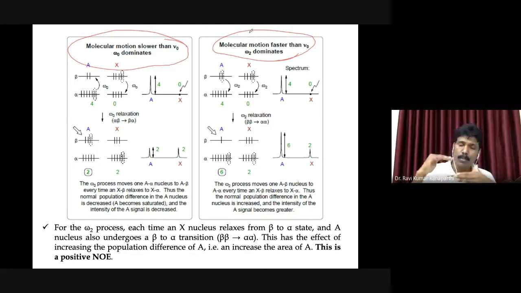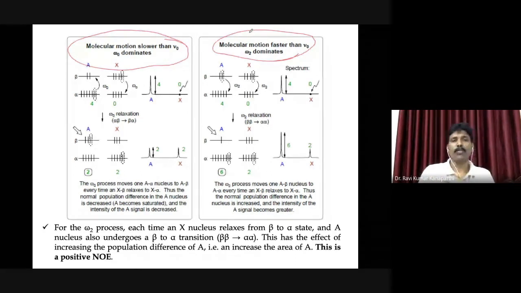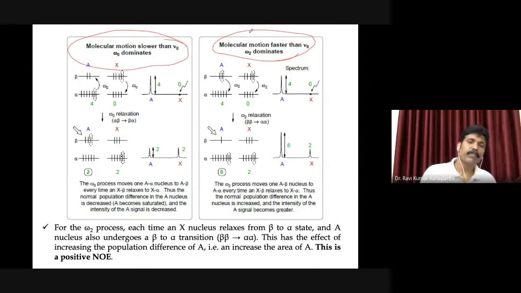Suppose you lower the temperature, then the omega 0 process will be high. That means the negative NOE will be observed. Now suppose the temperature of the medium is enhanced.